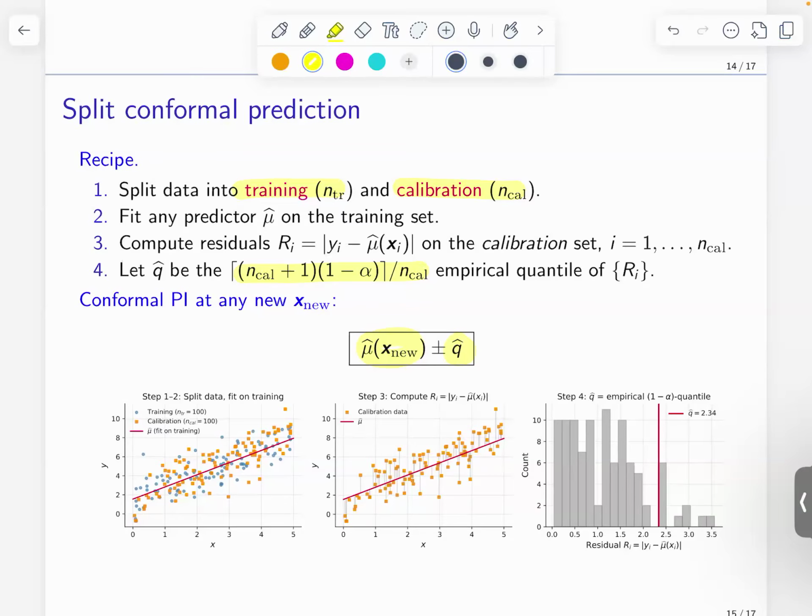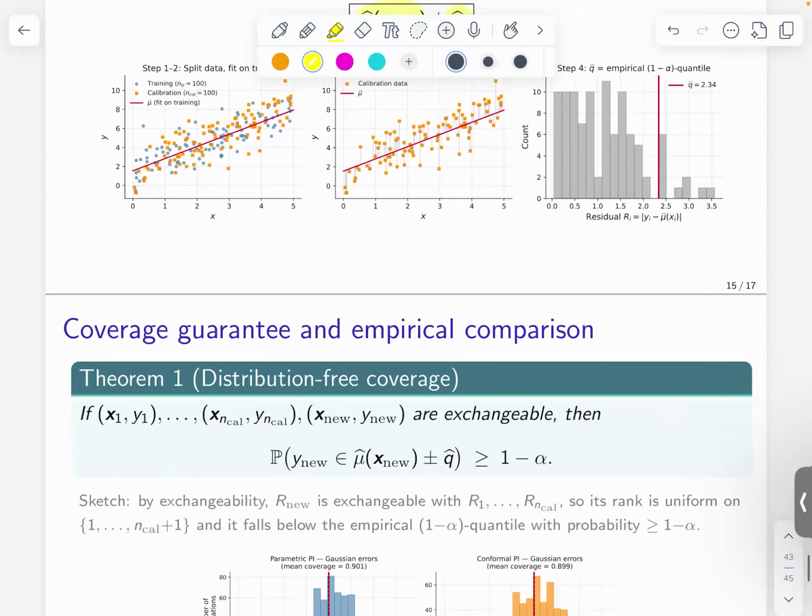Then you can guarantee that if the calibration data and the new data are exchangeable, the probability that y new belongs to this interval is going to be bigger than or equal to 1 minus alpha. With minimal assumptions, you get this interesting coverage.